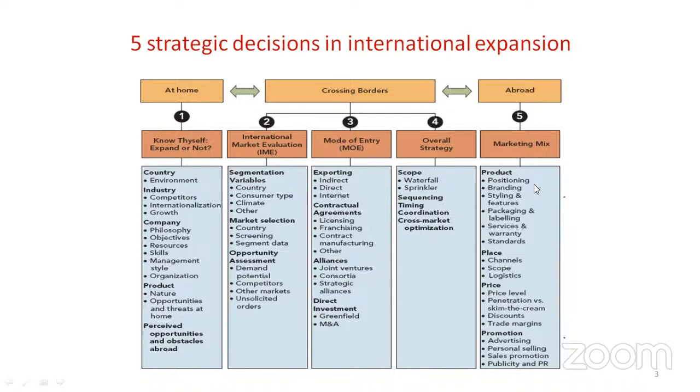In those Asian countries, again he does the screening. What are their cultures? What are their income groups? What are the different things? Segment data means that for the selected countries, we again do the data segmentation. Once that is over, he will do segmentation based on geography.